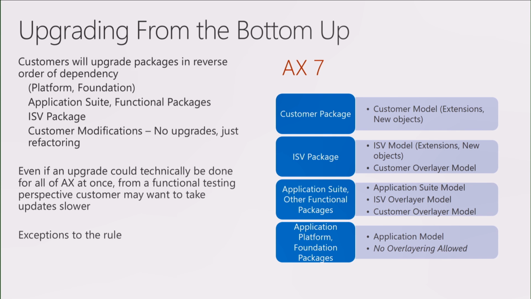So for example, Microsoft might come out with a new data entity that an ISV extends. Well, from an upgrade perspective, when I try to install the new ISV package, if I don't have the application suite there, it's not going to work. That extension won't work because it says I can't find the thing I'm extending.